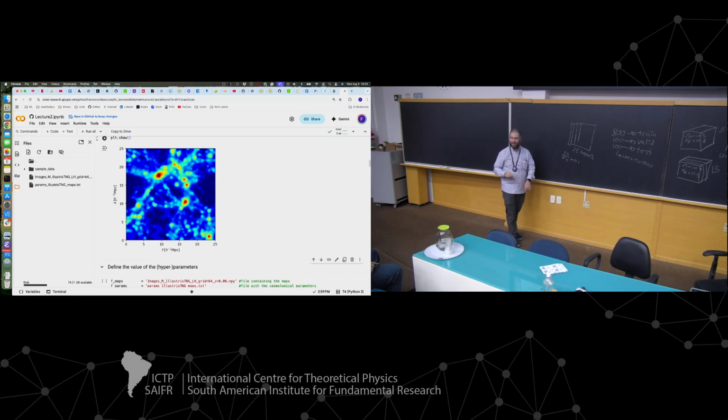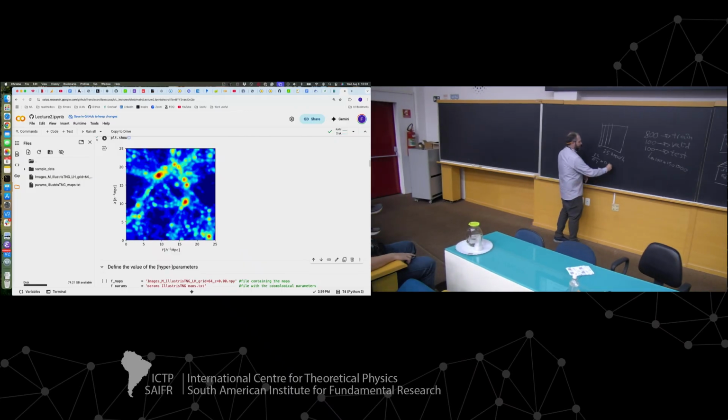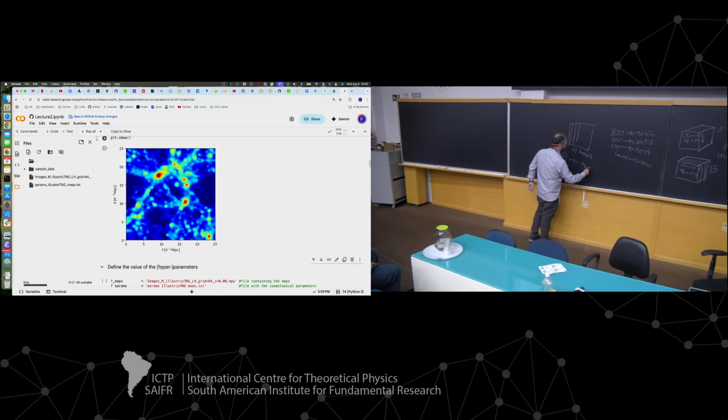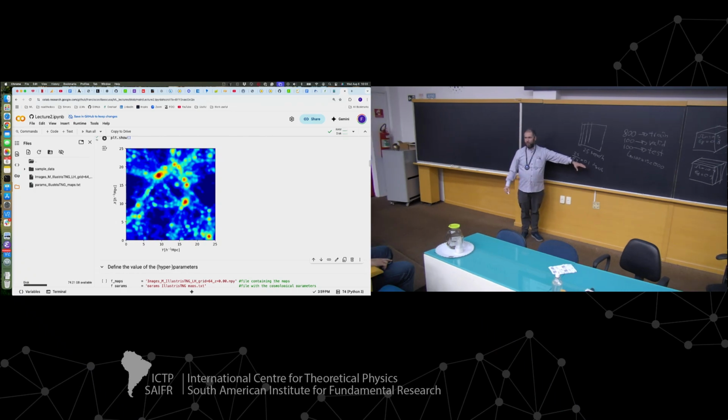Maybe someone can check. It doesn't matter, but it should be megaparsec over h. So these are really small scales. We're talking about images that go down to 100 kiloparsec, right?